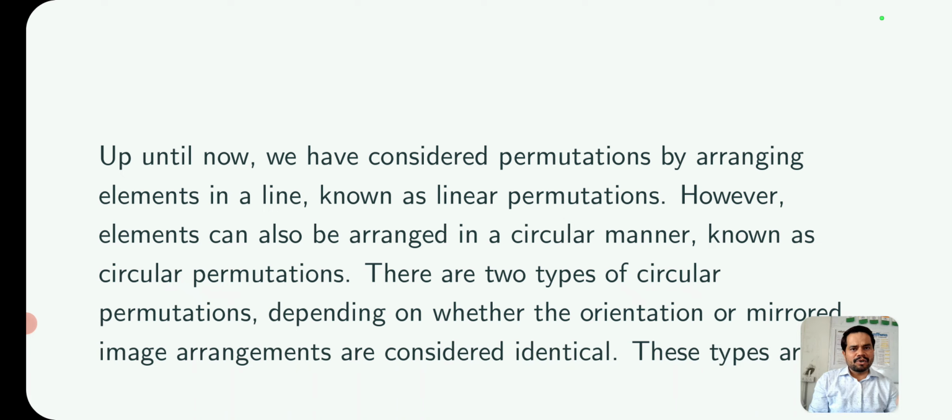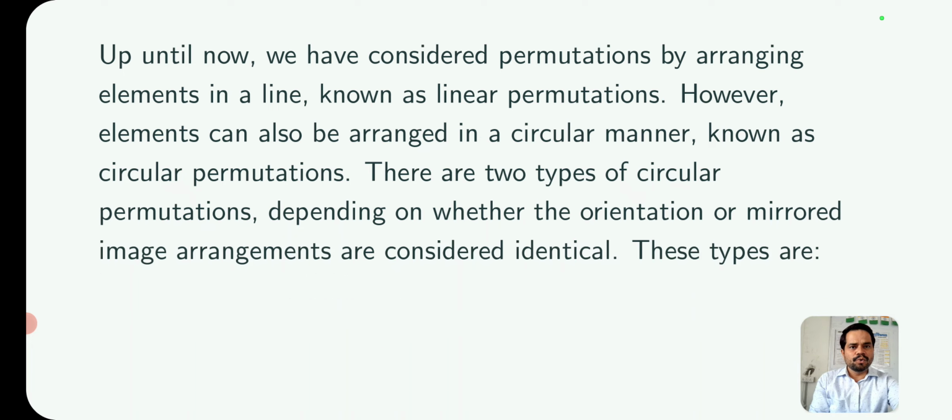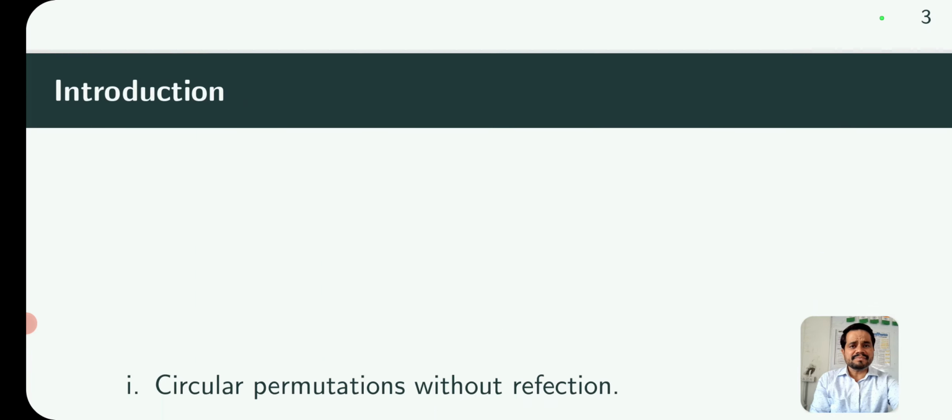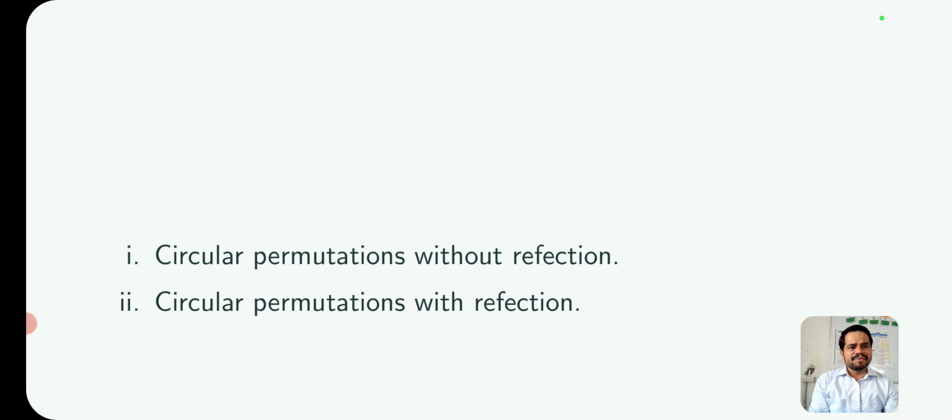There are 2 types of circular permutations, depending on whether the orientation or mirrored image arrangements are considered identical. The first type is circular permutation without reflection, and the second is circular permutation with reflection.